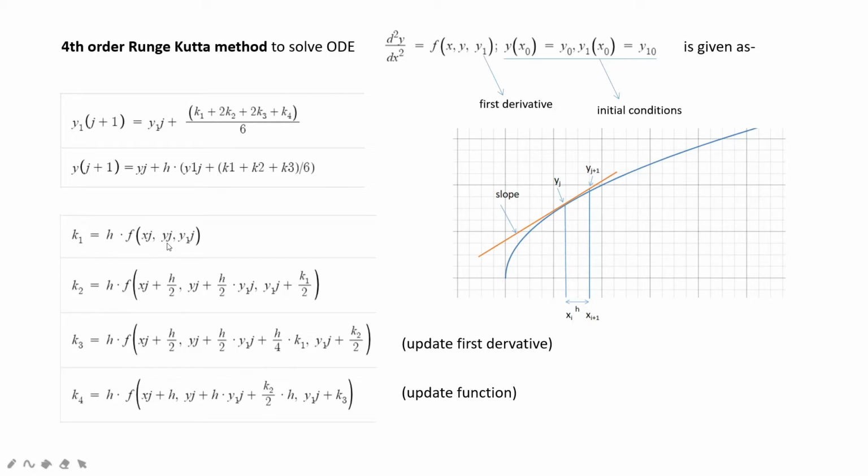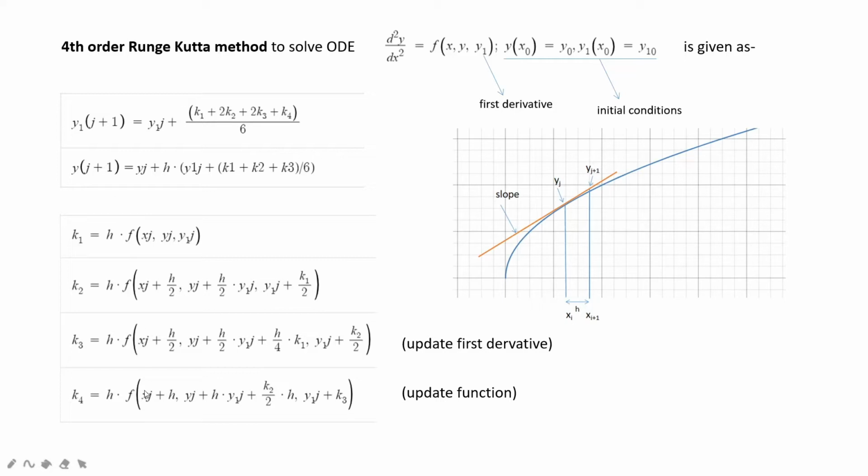As you can see from the expression, because f of x, y and y1 from the differential equation comes in, it is nothing but the second derivative. So k1, k2, k3, k4 are the second derivatives in the neighborhood of the point xj comma yj.